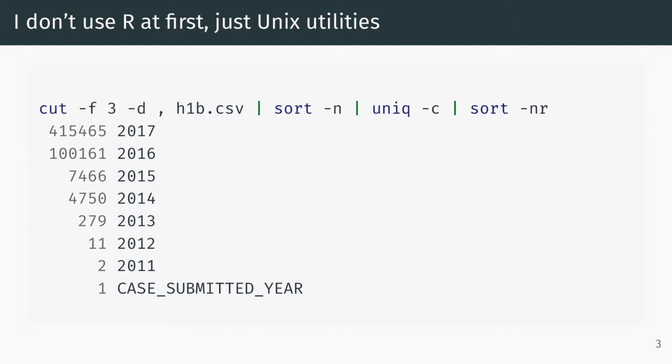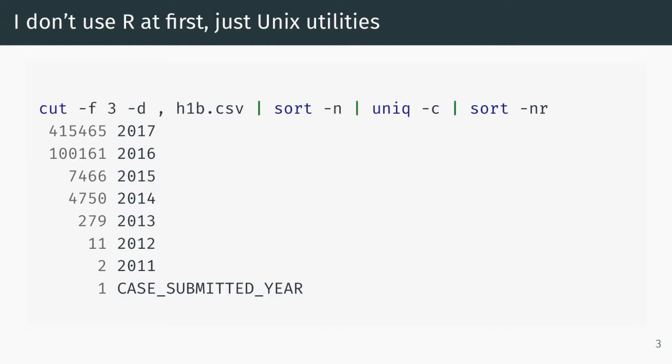So that's what gives us the final output of the number of H1B cases processed in each of the following years. And you can see that there's a decreasing number for each preceding year in the data set. And then the very last entry is the header of the column, which is case submitted year. So this is the year in which the H1B case was submitted that was either approved or rejected.